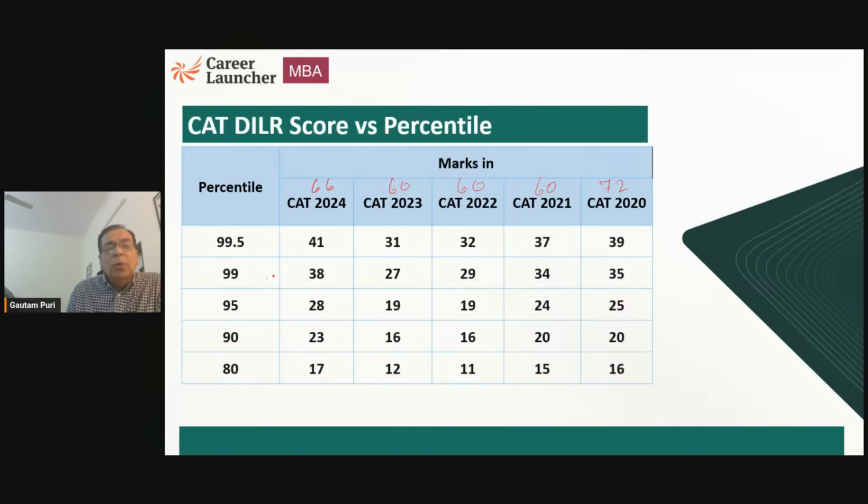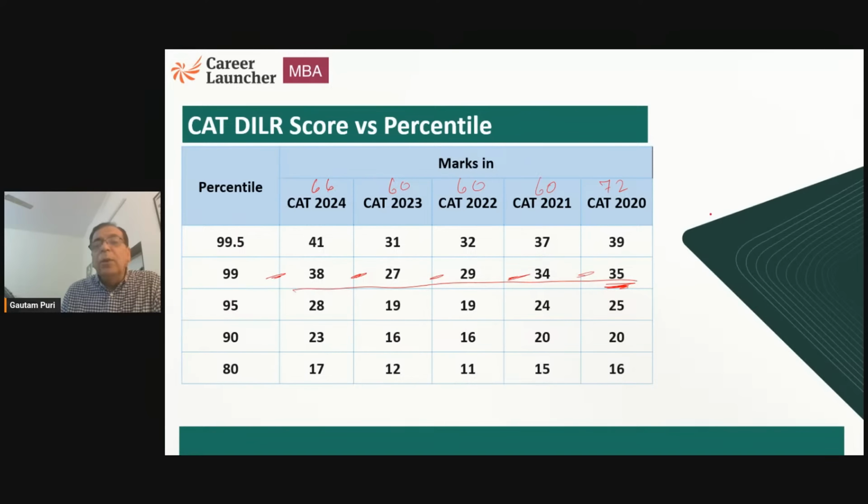Now, what I want you to look at is this number: 99 percentile. Where is 99 percentile? 99% from 2020 to 2024 is as low as let's say 47-48% to as high as something like 55%.